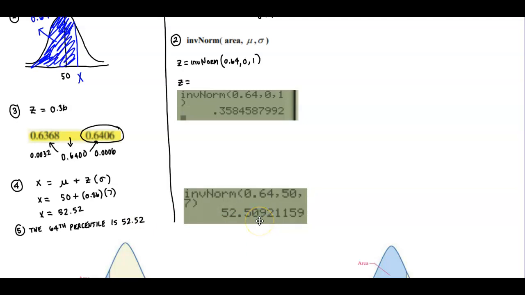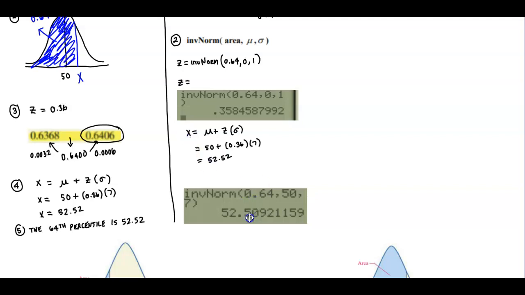I want you to notice that you get 52.51, which is not the same as 52.52. So you have to convert it to a z-score and then use the formula to get the proper answer, which would be 50 plus the z-score, 0.36, times 7, and that gives you 52.52.